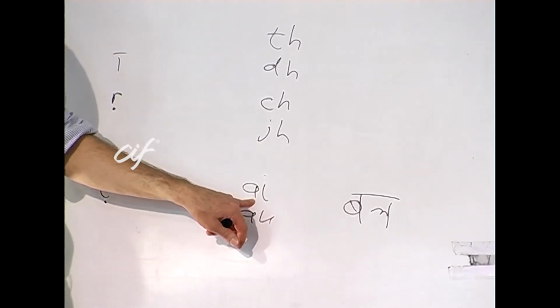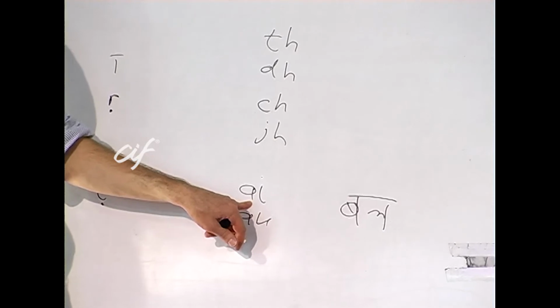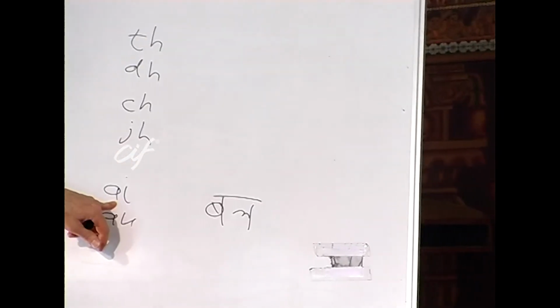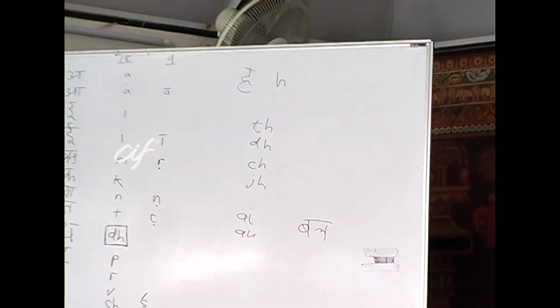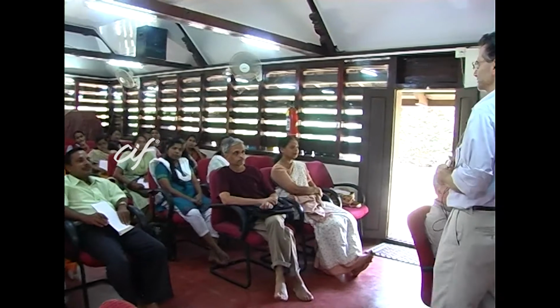or what do you call it? Sanyukta-akshara? No, that's not the word used. What do you call the parts of the diphthongs? In the sound ai, there are two sounds, right?